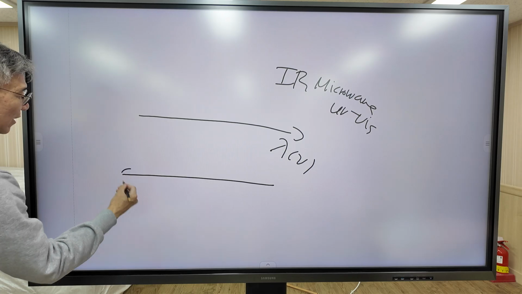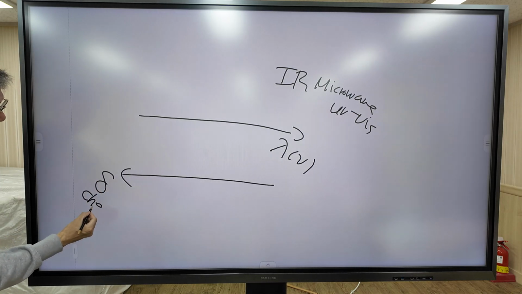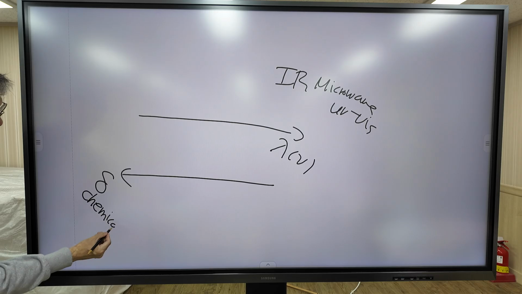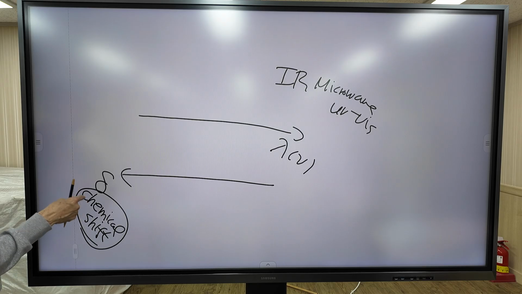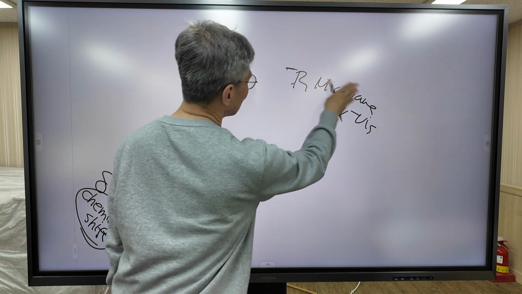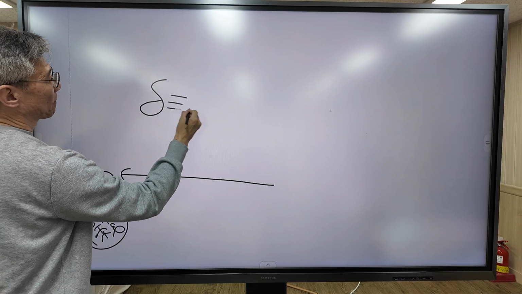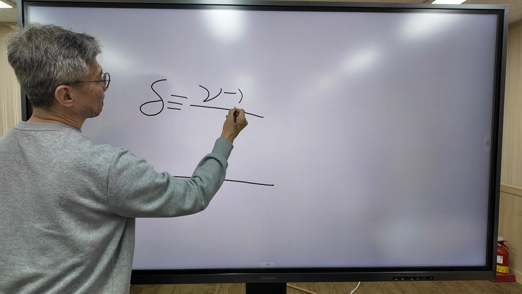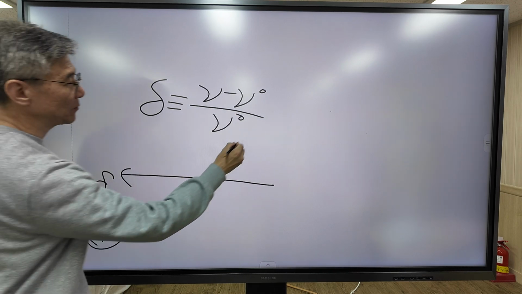In NMR, the x-axis represents chemical shift, a different unit. We use a different unit to represent the x-axis. What is chemical shift? Chemical shift is defined as this, times 10 to the 6.